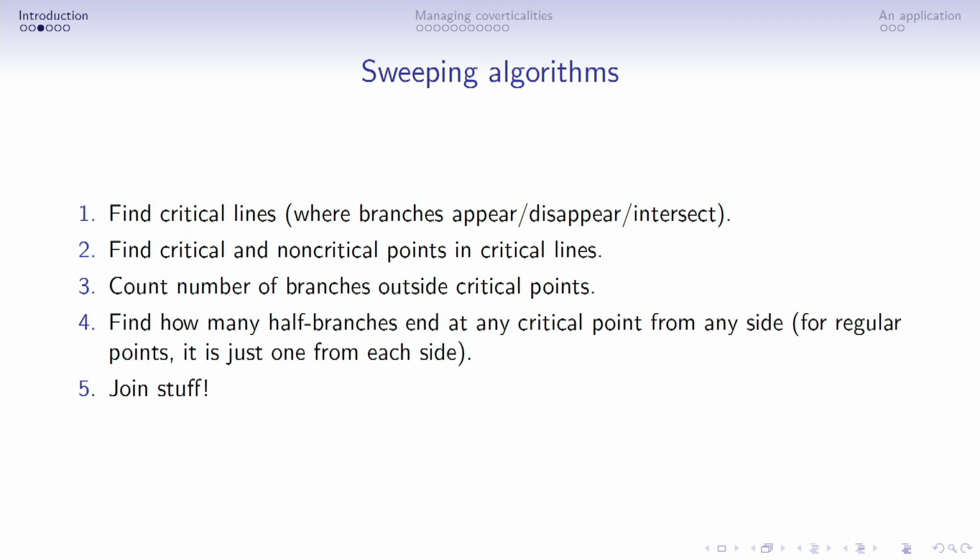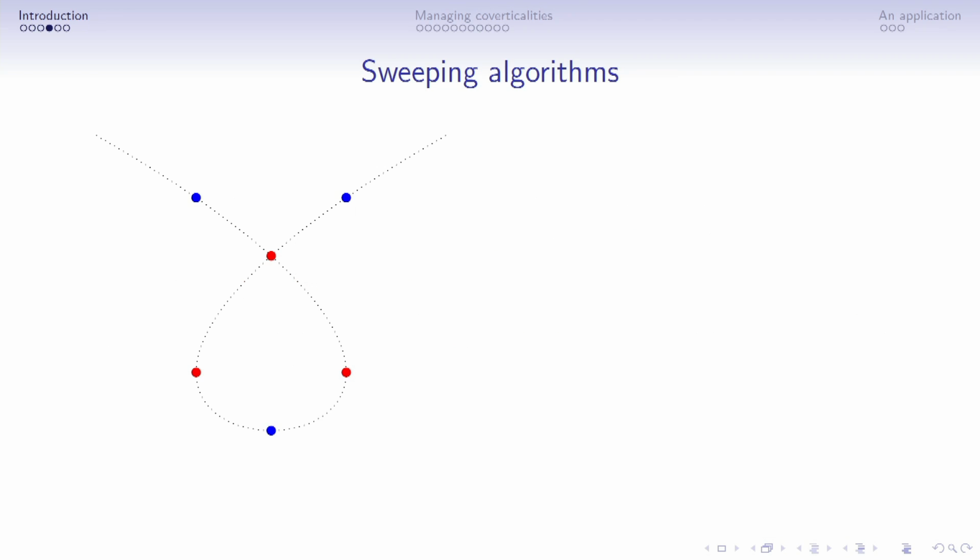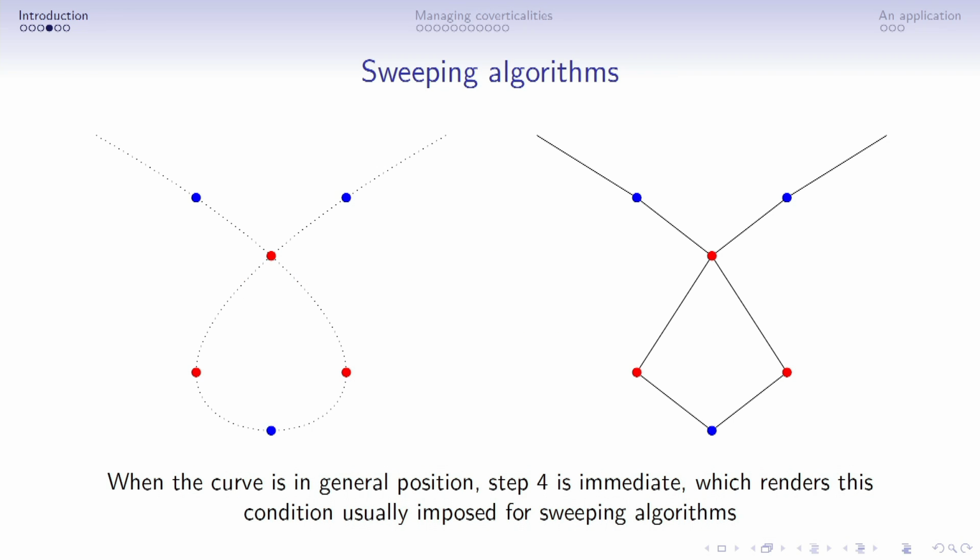So I don't need to think on geometry to complete that. No need for computations. Everything can be done directly. Fortunately, a general change of coordinates allows me to put my curve in general position, and this is theoretically not a problem.